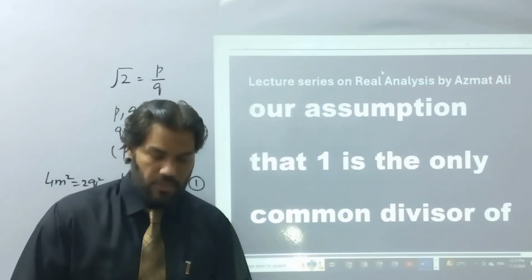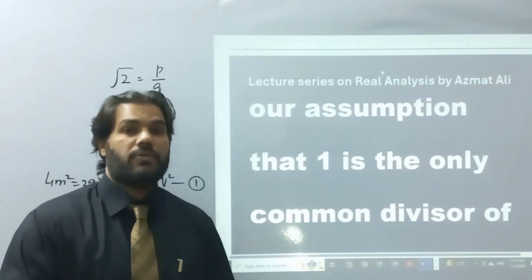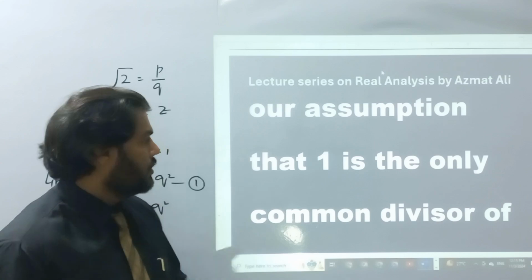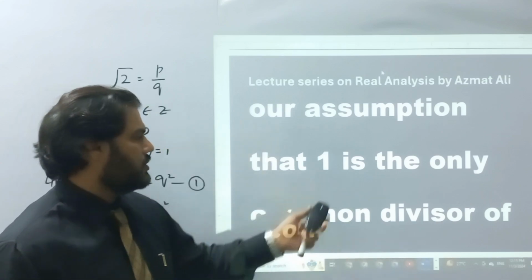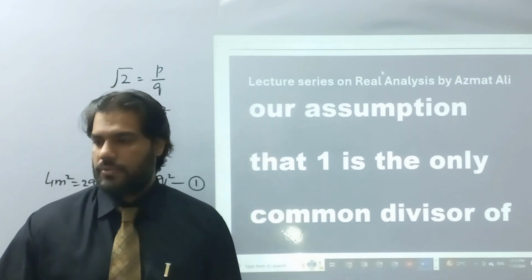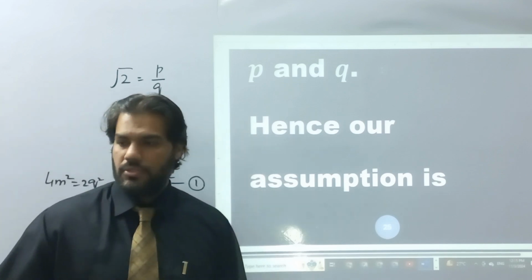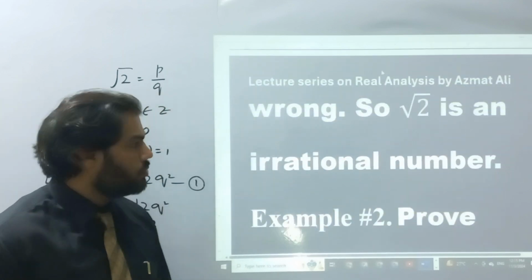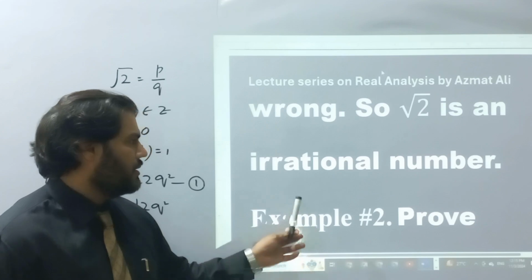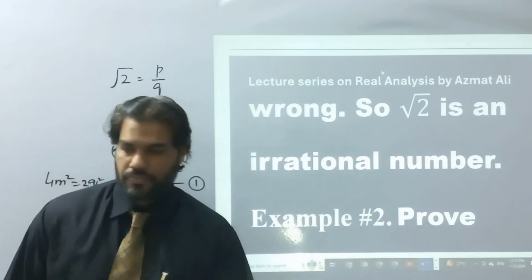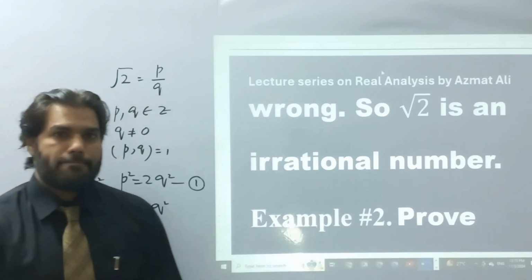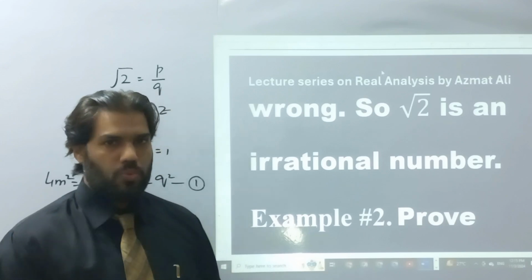Our assumption was that p and q have only 1 as a common factor. Our assumption that 1 is the only common divisor of p and q is wrong. So square root 2 is an irrational number. So this is the irrationality of square root 2.